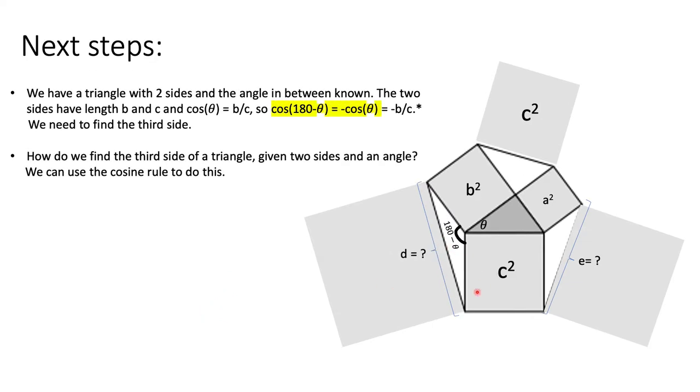So now we have a triangle with 2 sides and an angle in between known. So the sides are B and C. And cos of theta is B divided by C, the adjacent divided by the hypotenuse. So cos of 180 minus theta is negative cos theta, which is negative B by C.